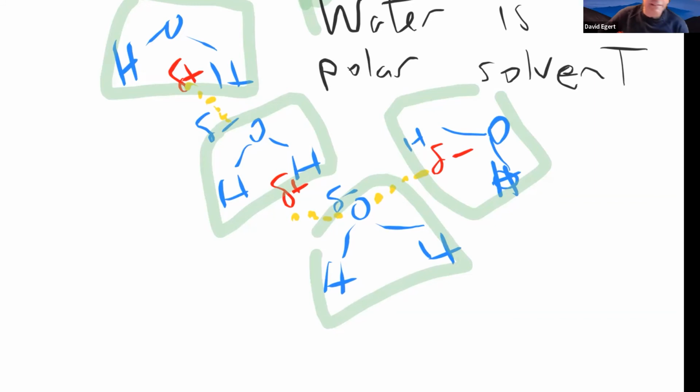So then we can ask ourselves, what happens if you put different kinds of solutes into here? A solute is the thing that you're trying to dissolve, right? That's the terminology, in case you don't remember it.